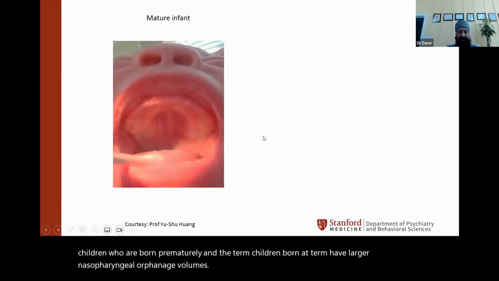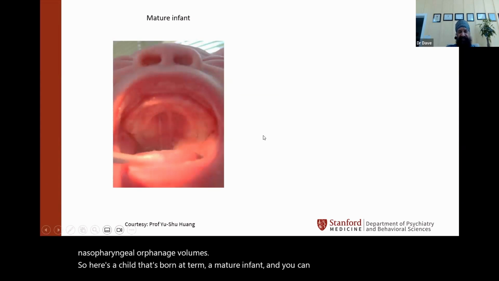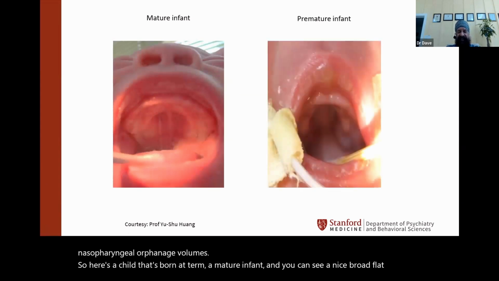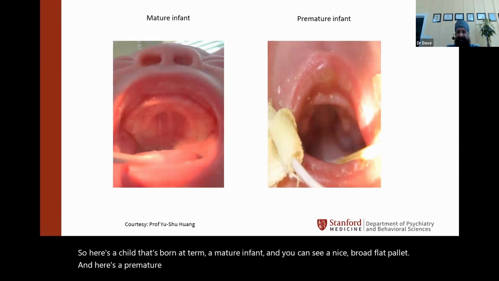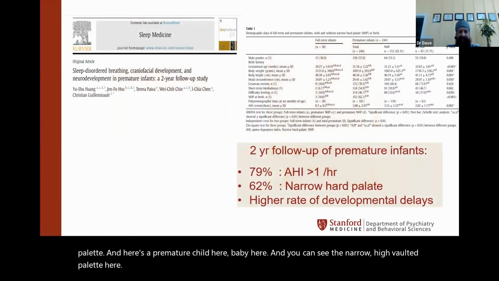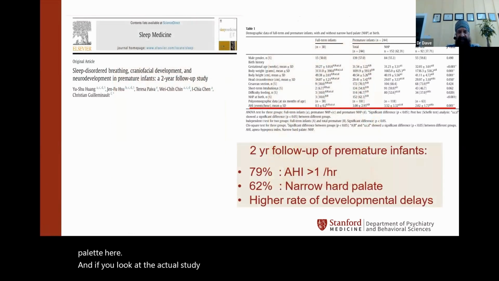So here's a child that's born at term, a mature infant, and you can see a nice broad flat palate. And here's a premature baby, and you can see the narrow, high vaulted palate. If you look at the actual study itself, the full-term kids did not have sleep apnea.